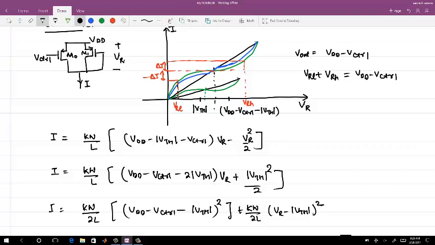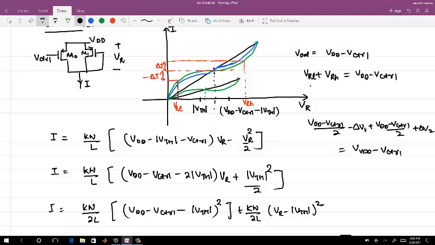We know that VR low is something like (VDD minus V control) by 2 minus delta V, you can call this delta V1, and VR high is (VDD minus V control) by 2 plus delta V2, and the sum is the same, VDD minus V control.